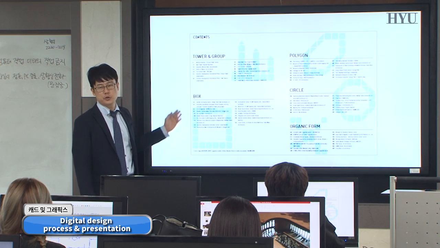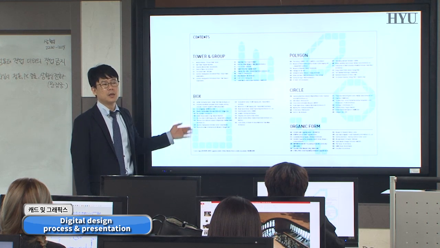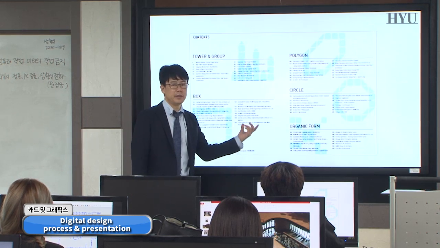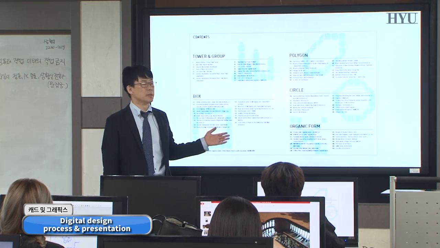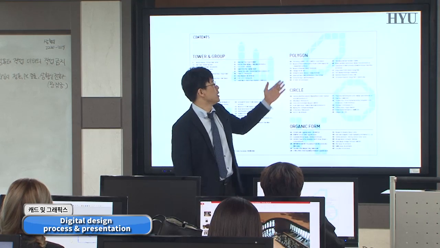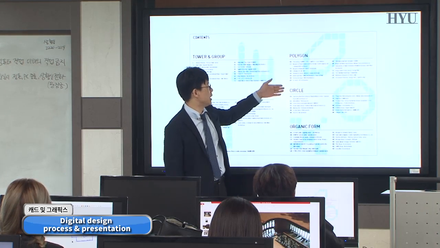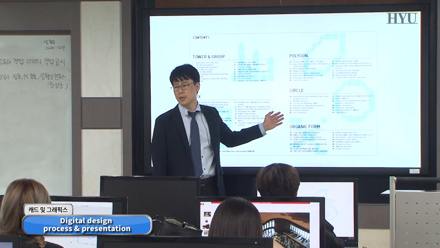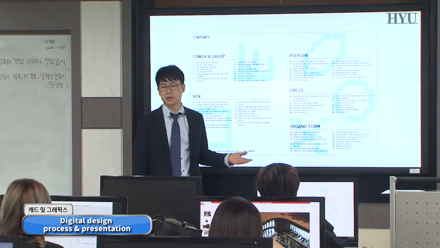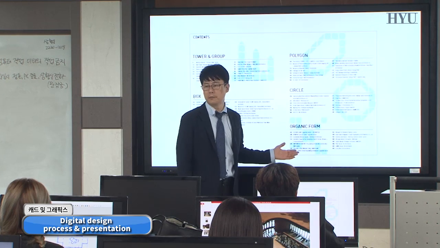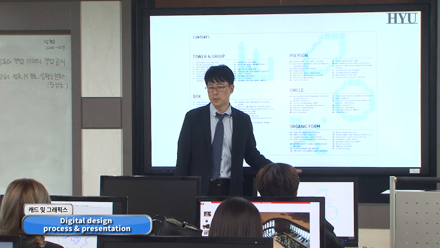And box shape simply means box shape, modernism style, very efficiently designed building shapes. And polygon, some line stroke and polyline based design, and also circle or sphere, okay, circular and spherical design, as well as at the end the last one, organic form, so-called free form, okay.